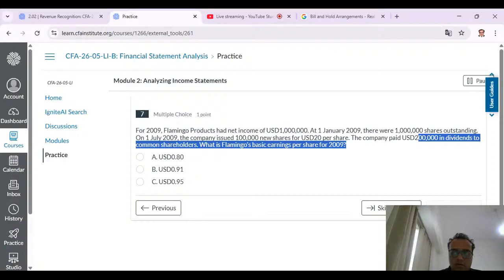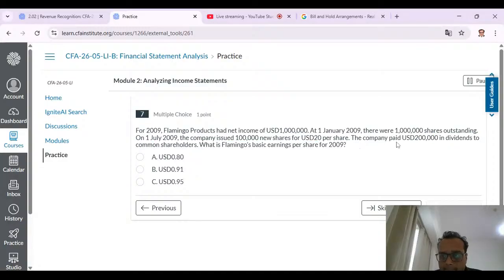It will be 0.000 divided by 1005000, which is 0.91.